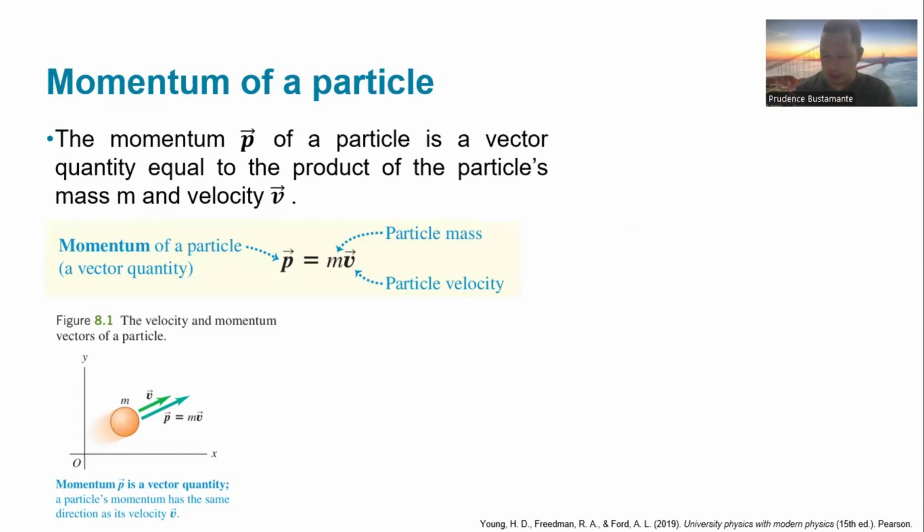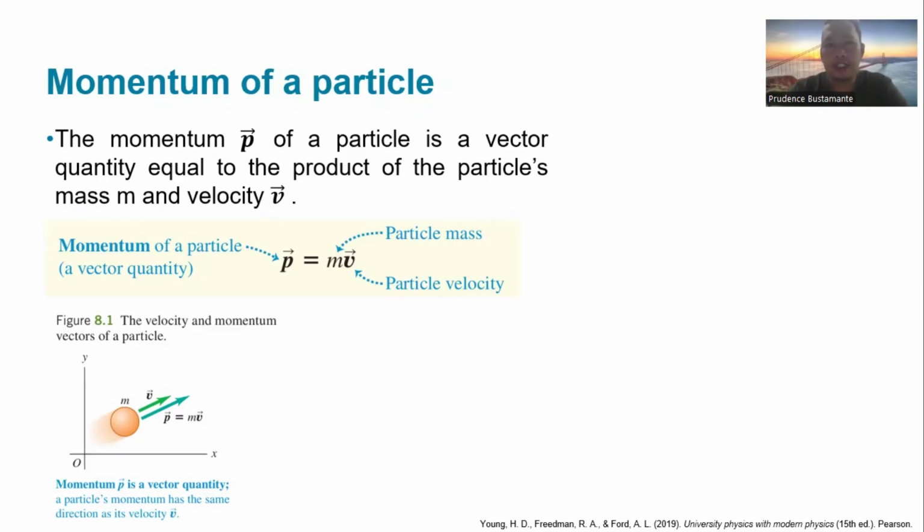So what is the momentum of a particle? That's the definition. This is a physical quantity. This is a vector. It has magnitude and direction. The momentum of a particle is a vector quantity equal to the product of the particle's mass and velocity.